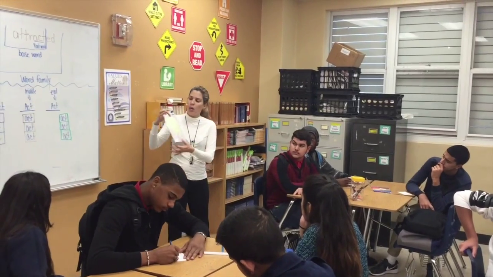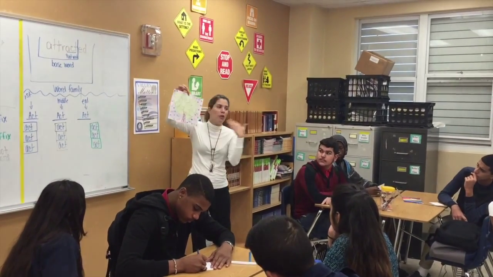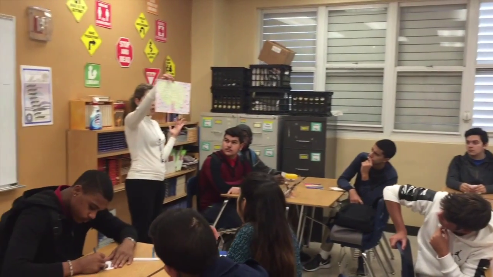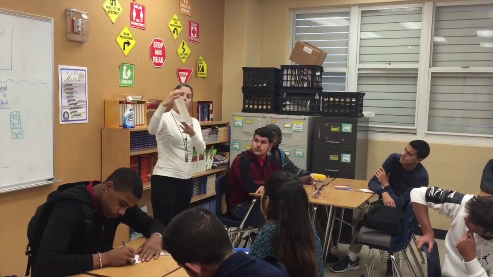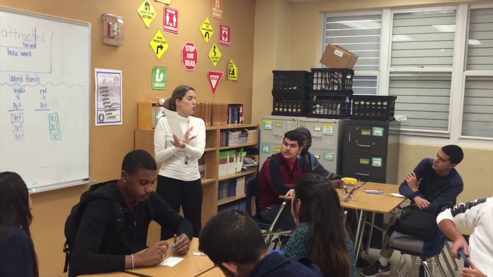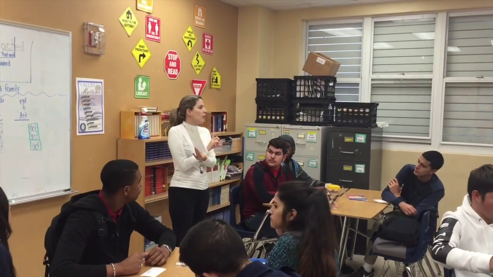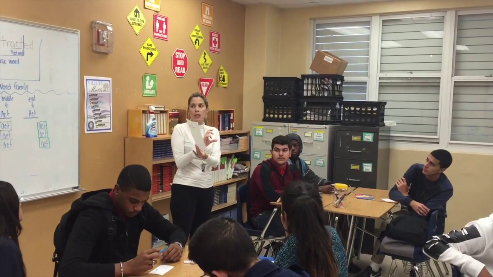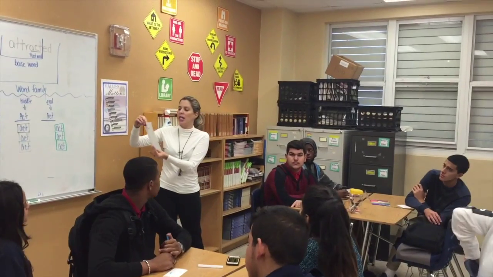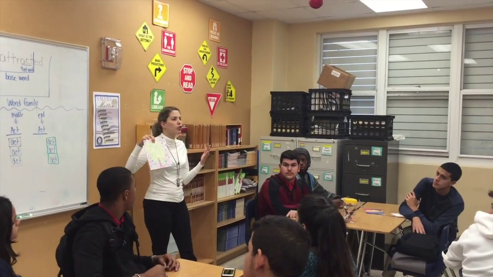So here we go. Here's an example from a previous student from my previous years who did their word. Real quick, what they did was they followed my directions, which was to utilize the root word in the first position, in the middle position, and at the end of the word. So for example, the word character.